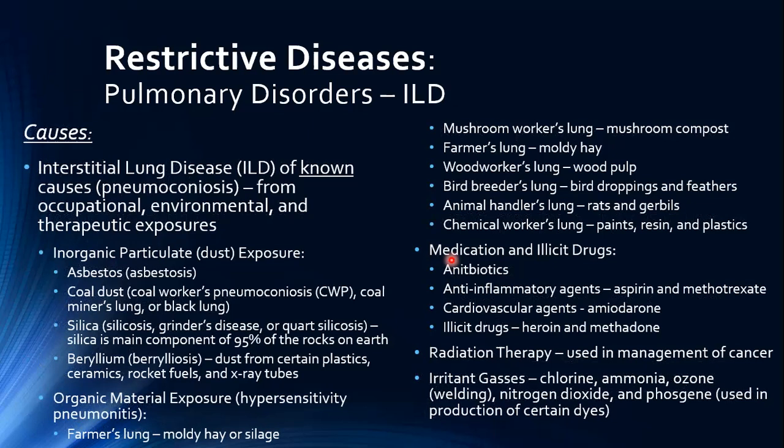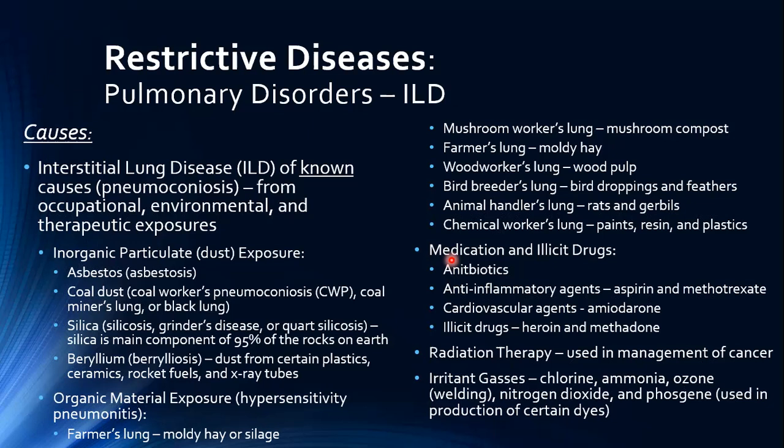Bird feeders' lung, right? Bird droppings and feathers. So if you're working in a chicken house, right? Well, they slaughter the chicken. They raise the chicken and slaughter it, and produce it, debone it, and wing it or whatever. The feathers and all of that. A chicken plant.